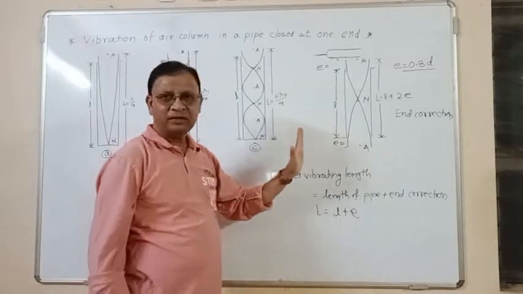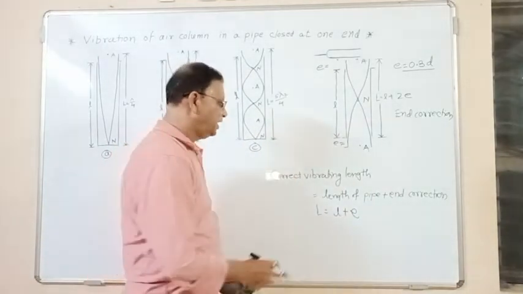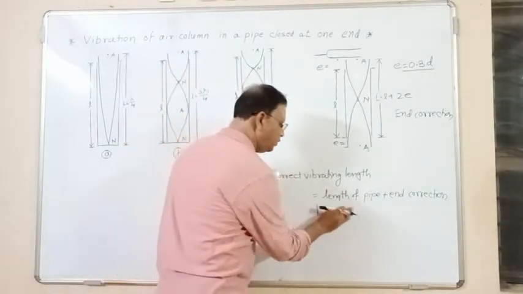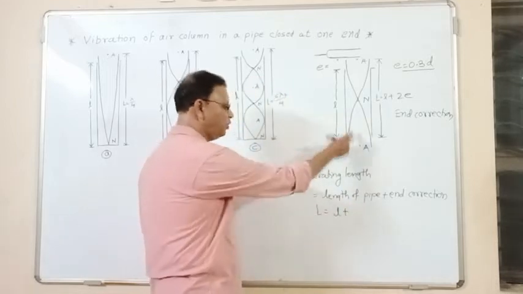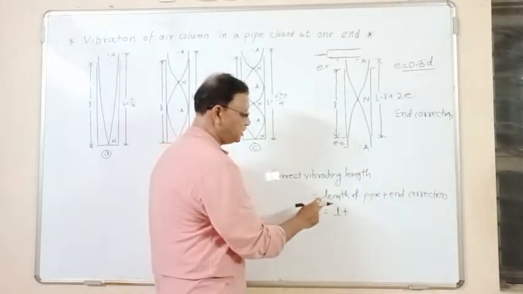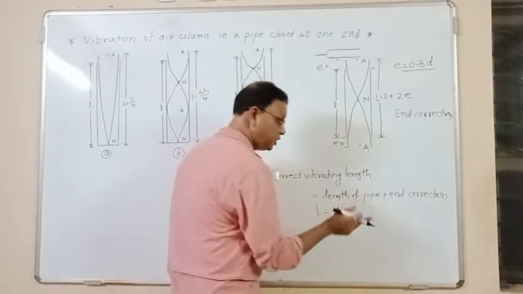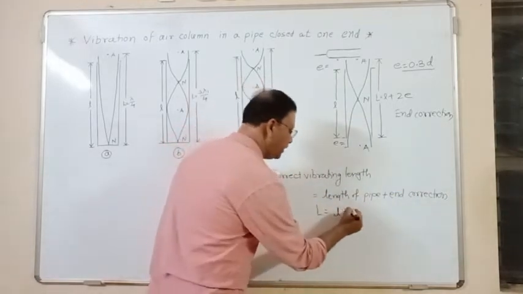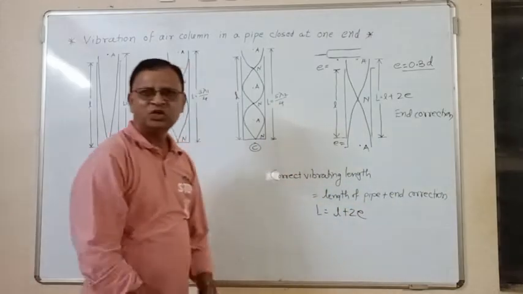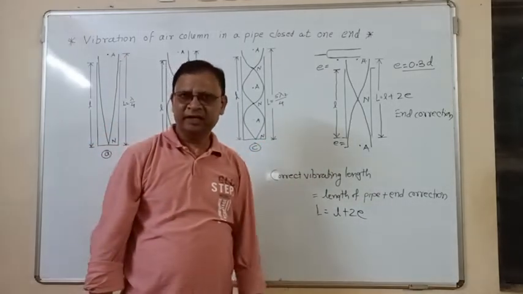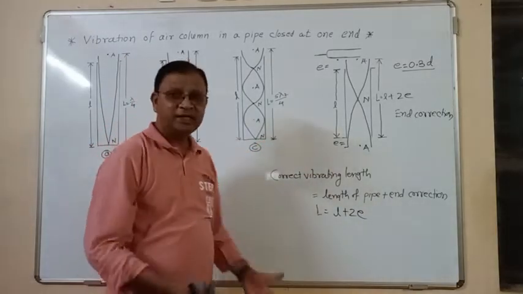So if the pipe is open at both the ends, the end correction will be on both sides. So correct vibrating length is equal to length of pipe plus end corrections on both sides, that is 2E. So this is about the end correction. What is end correction?